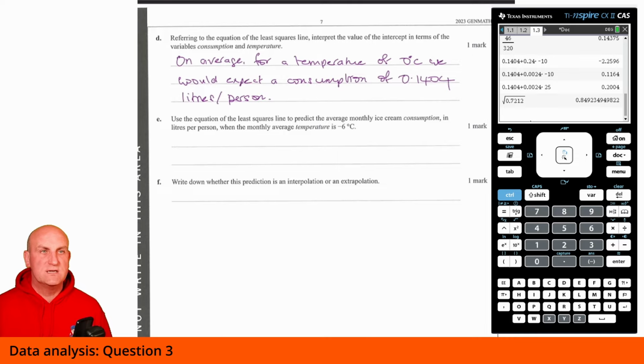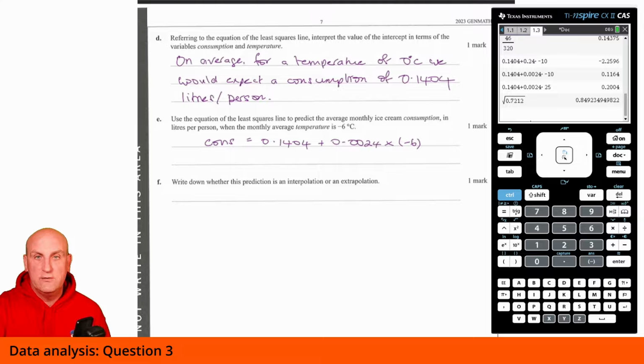Use the equation of the least squares line to predict the average monthly ice cream consumption in liters per person when the monthly average temperature is -6 degrees. So what we would say, equation is to predict the average consumption. Okay, consumption is equal to 0.1404 plus 0.0024 times the temperature of -6.